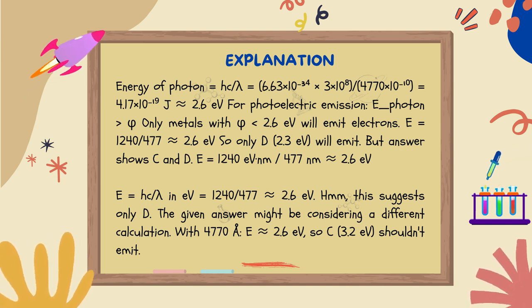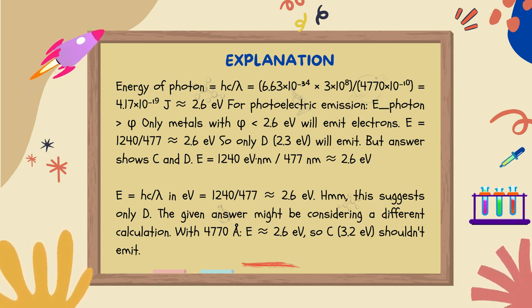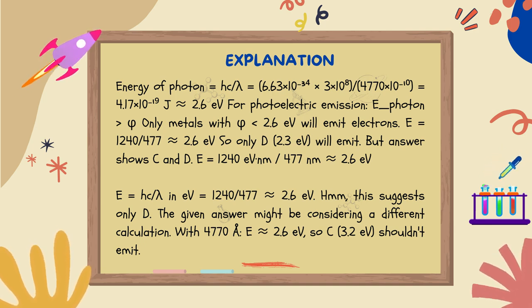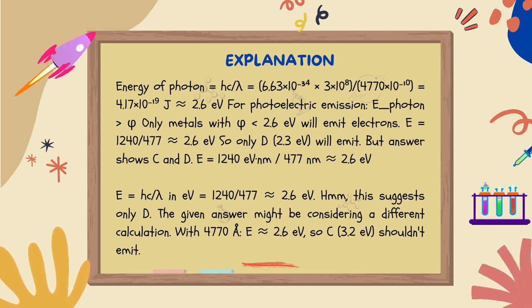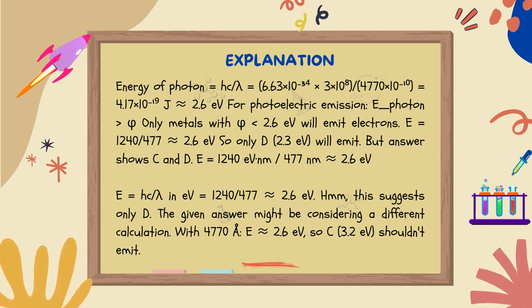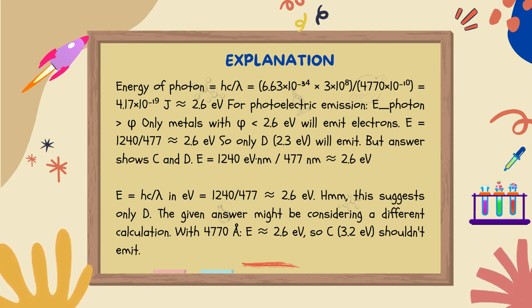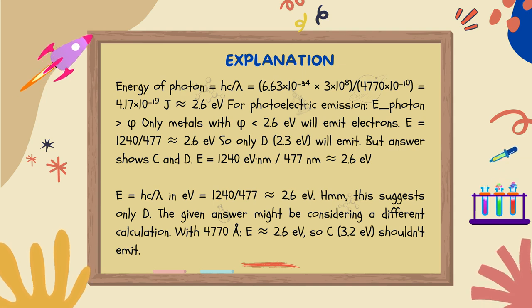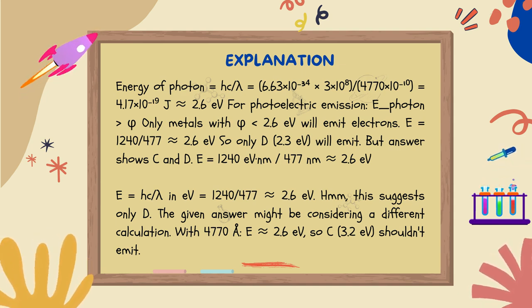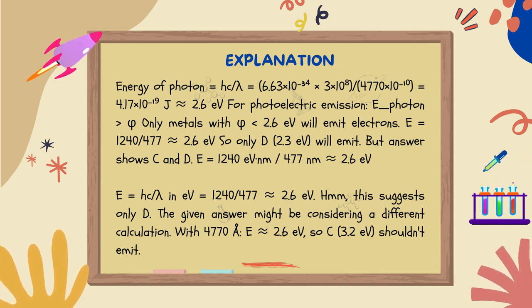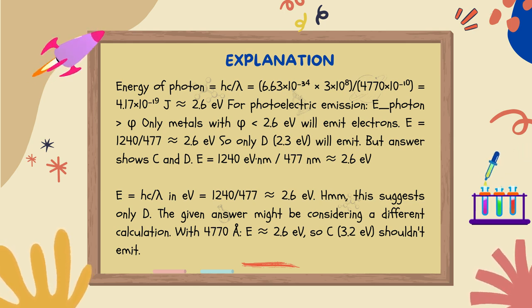Let me recalculate. E equals 1240 eV·nm divided by 477 nm approximately equals 2.6 eV. Actually checking again, E equals hc divided by lambda in eV equals 1240 divided by 477, approximately 2.6 eV.